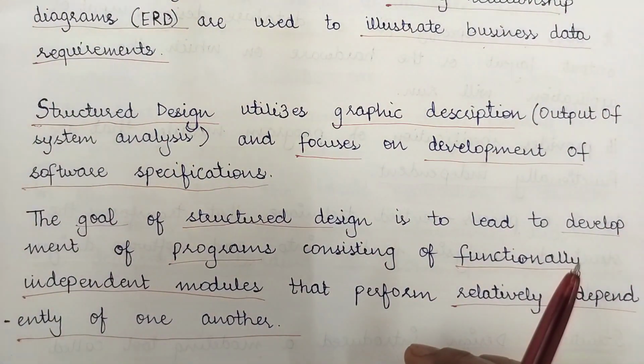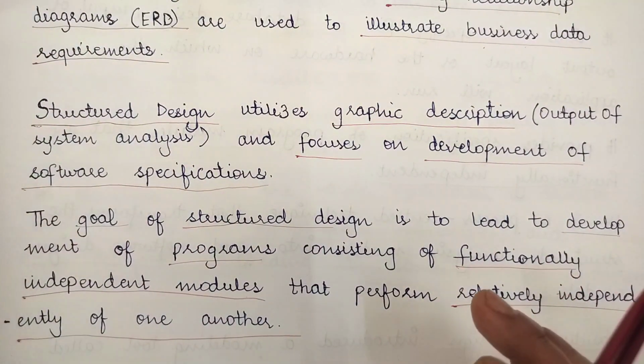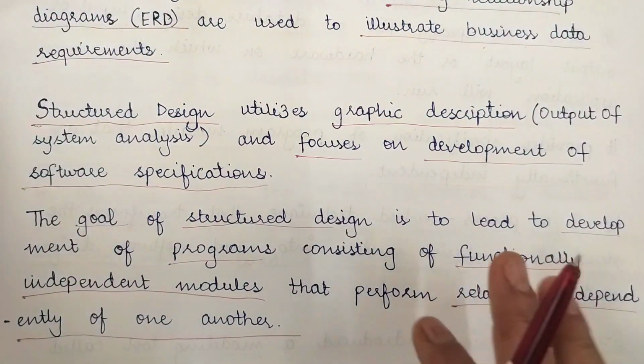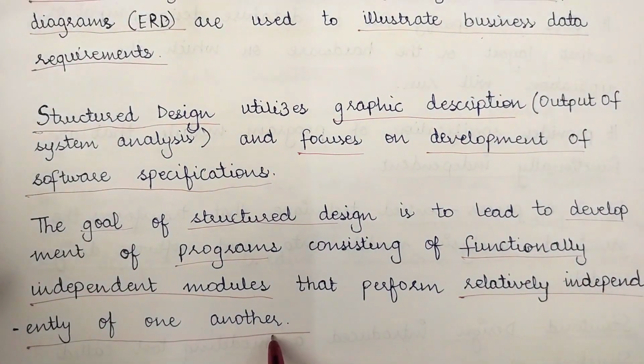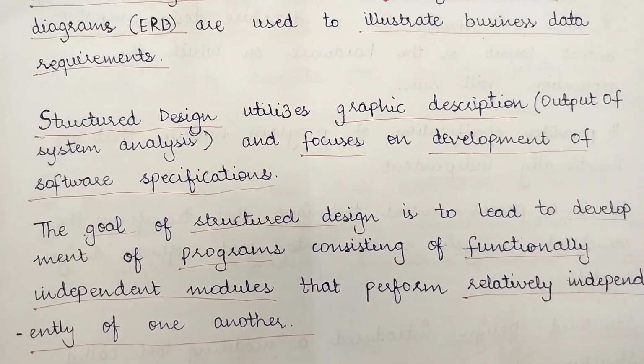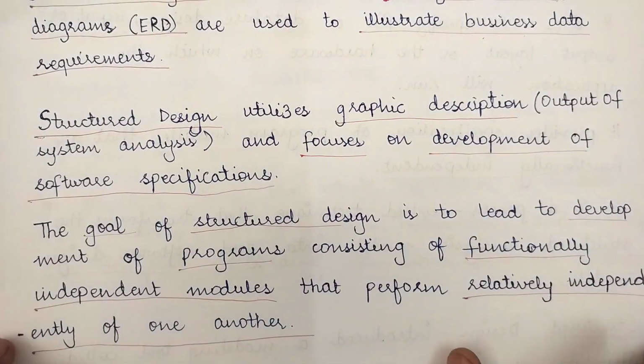The programs in one module should not affect the functionality of the other module, and they should be relatively independent of one another. They should not be affected by each other. Only then can they perform well.